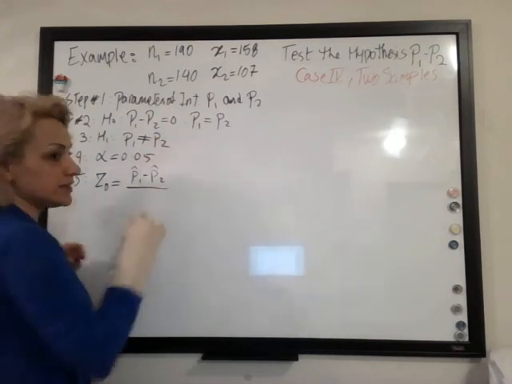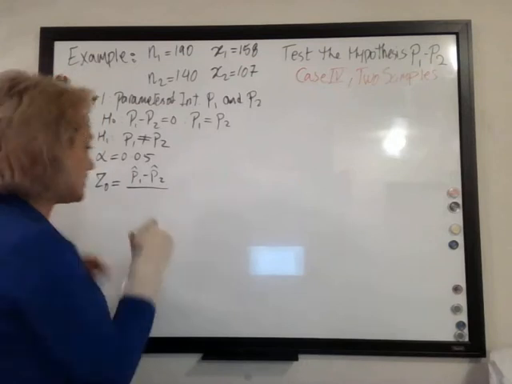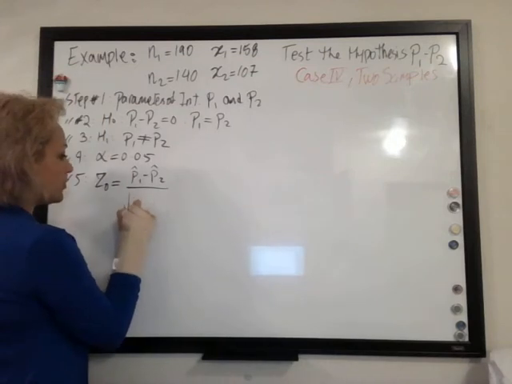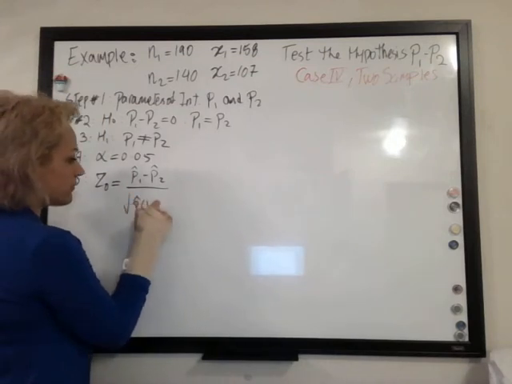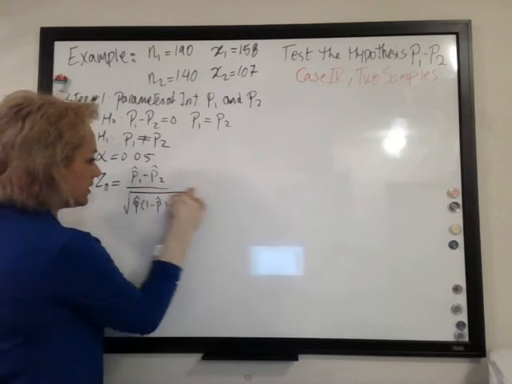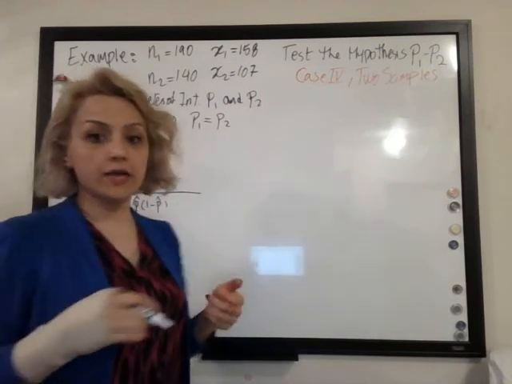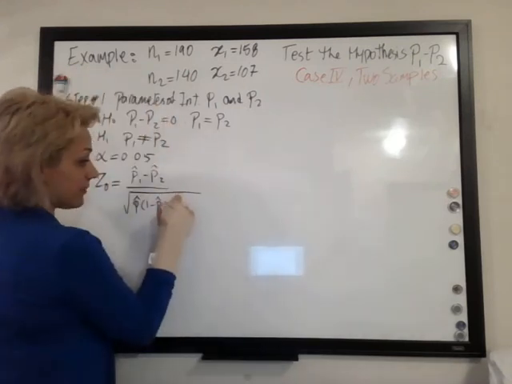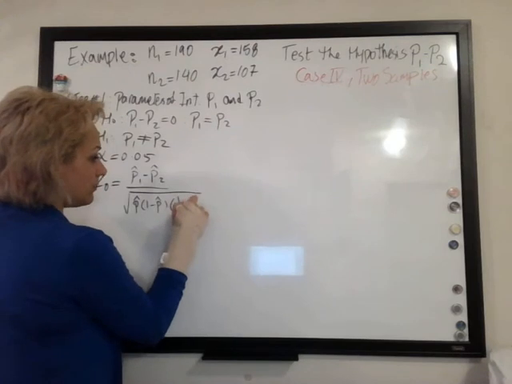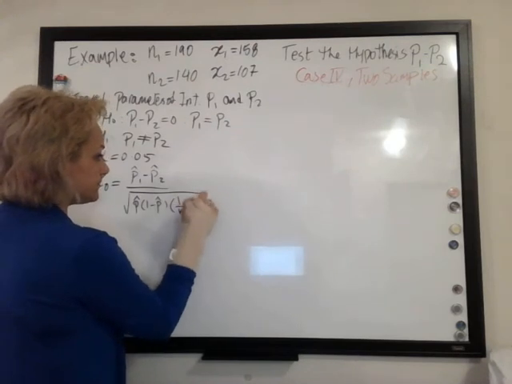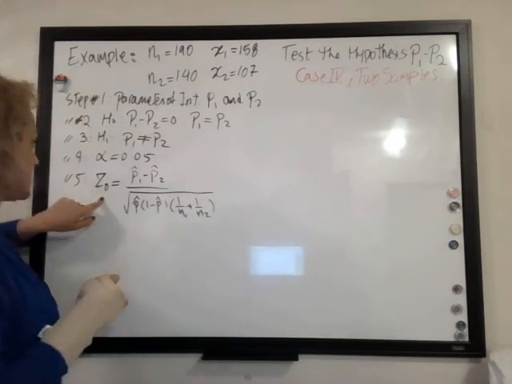On the denominator I would have the square root of P estimate times 1 minus P estimate, multiplied by, because I have two samples, 1 over N1 plus 1 over N2. So that's going to be my Z observed.